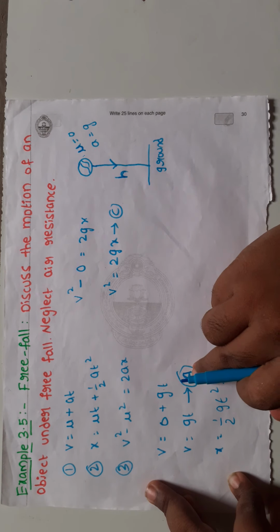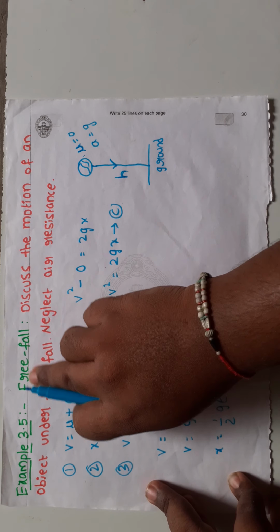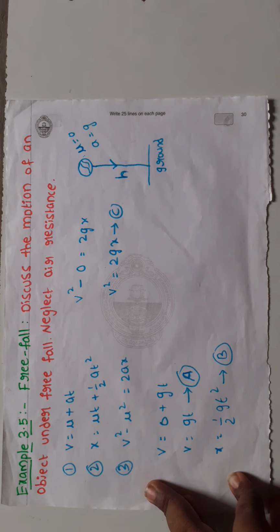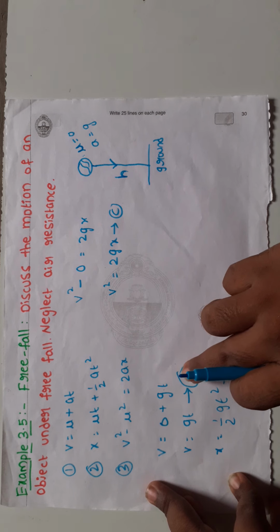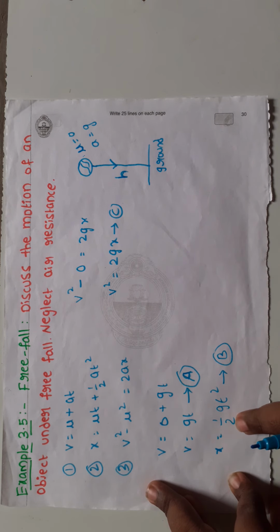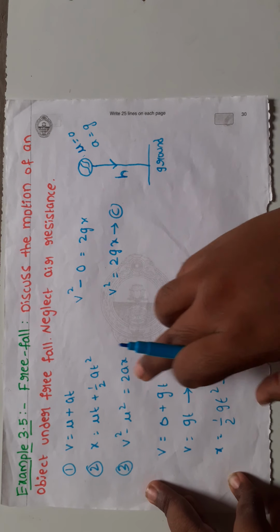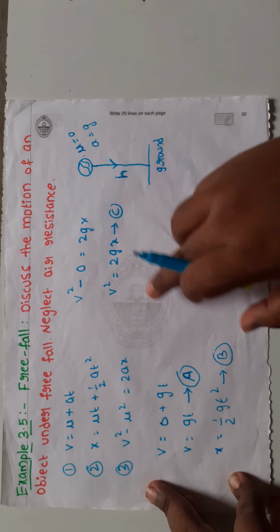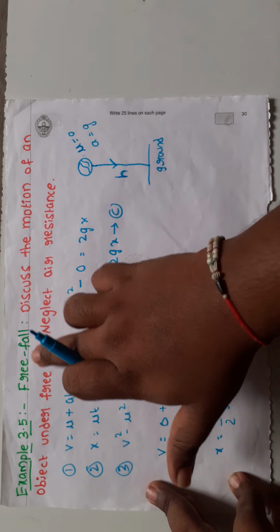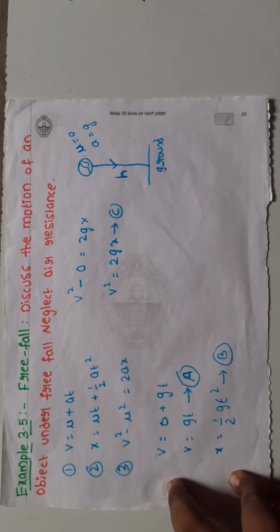So equation a, equation b and equation c are called the free fall equations of motion. For a body in free fall motion, v equal to gt, x equal to 1 by 2 g t square, and v square equal to 2gx. So the equations of motion can be converted like this for the free fall motion of an object.